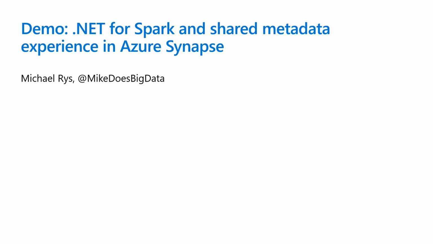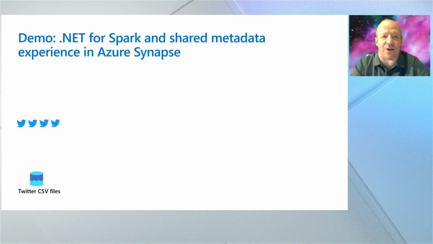So I will be showing you now, using an example here, the .NET support for Spark and the shared metadata experience. And let me quickly walk you through the outline of the demo and what we are trying to achieve. So we start out with a bunch of CSV files that contain tweets from people like myself that tweeted over the last couple of years.